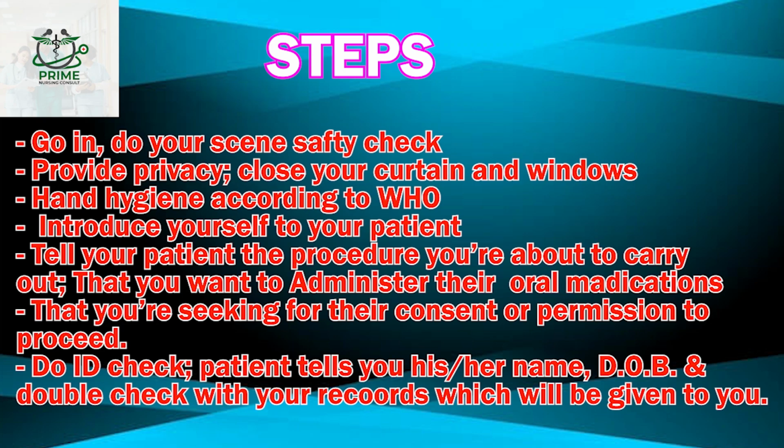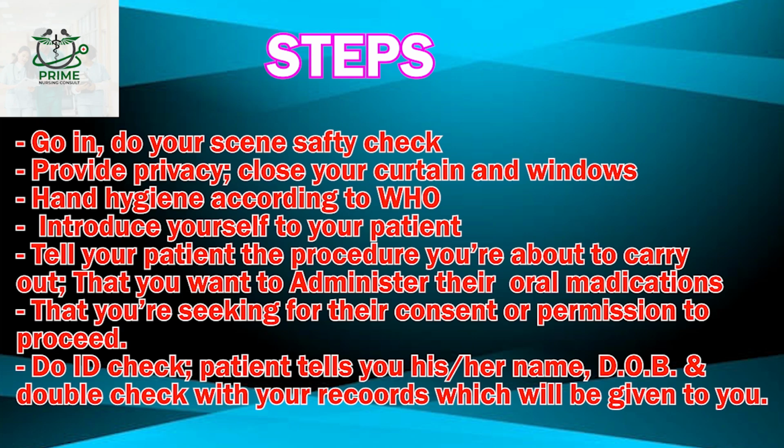Then introduce yourself to your patient. Then tell the patient what you are there to do, or what procedure you're about to carry out. So tell them that you're here to administer their oral medications, and you are seeking their consent or permission to proceed. After that, you do your ID check.